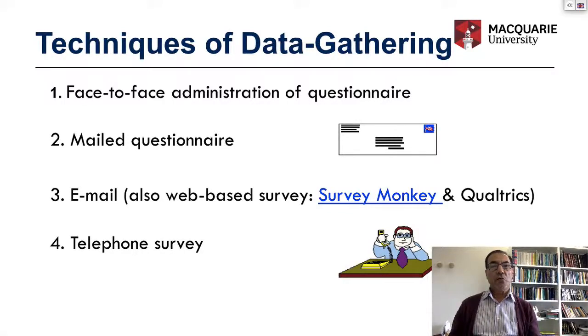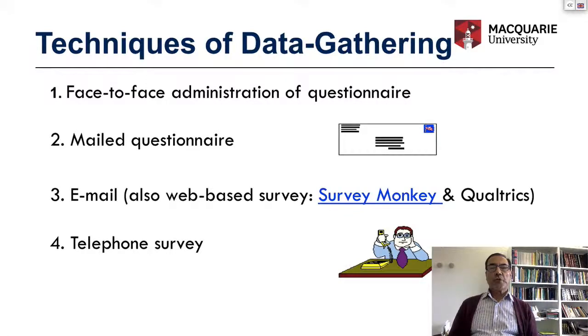Given the new information and communication technology and social media facilities, it's also possible to use social media and emails and web-based surveys. Two online tools that researchers usually use in order to collect data from participants are SurveyMonkey and Qualtrics.